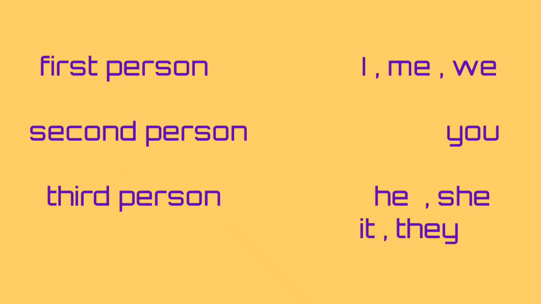Personal pronouns are divided into three persons. First person: I, me, we. Second person: you. Third person: he, she, it, they.